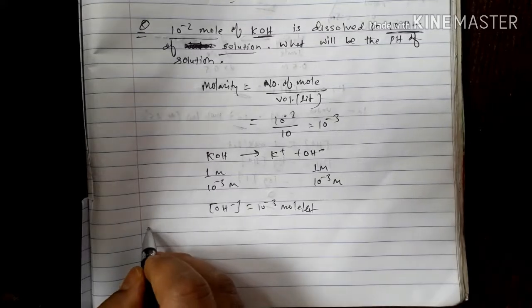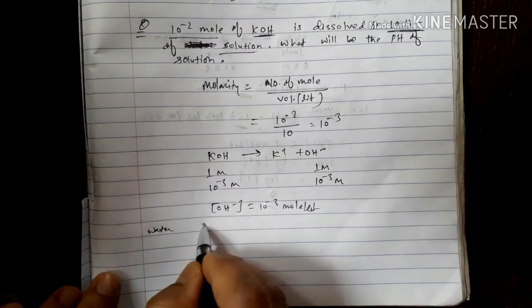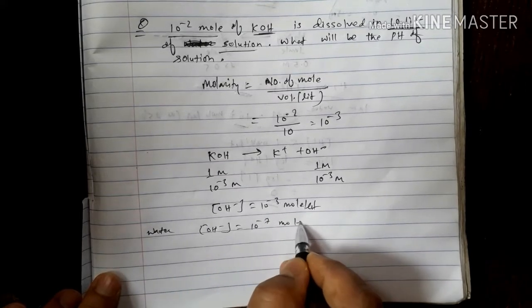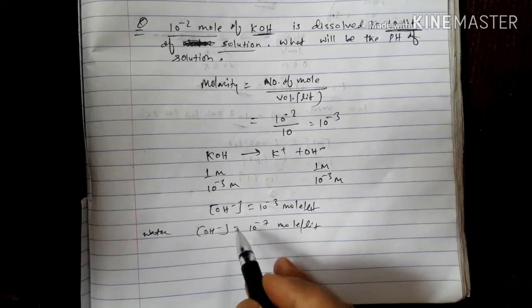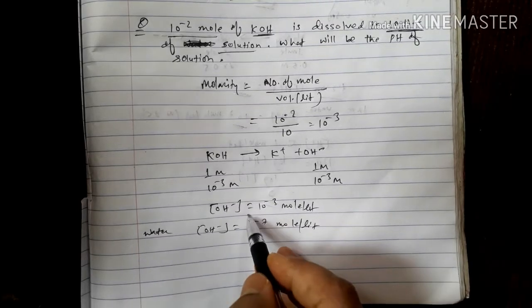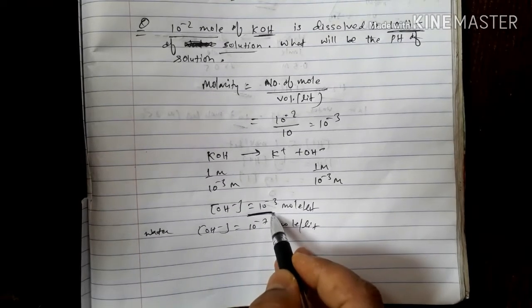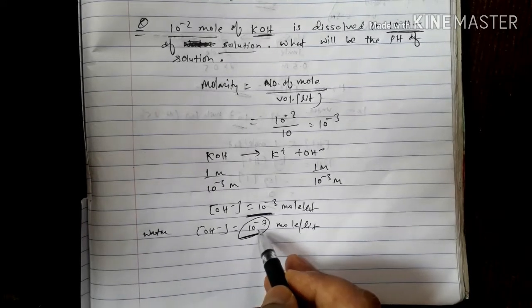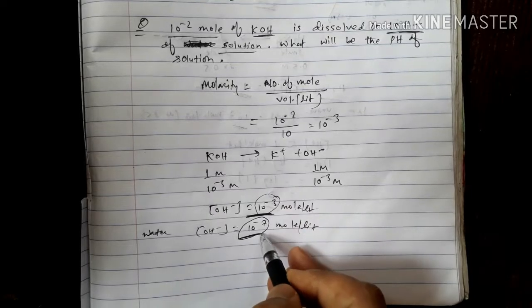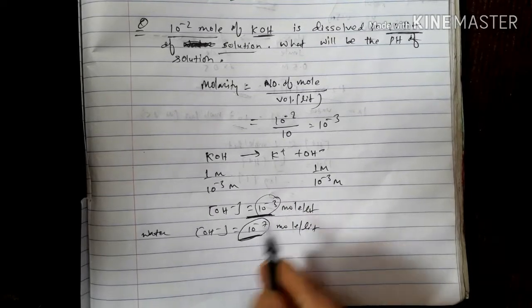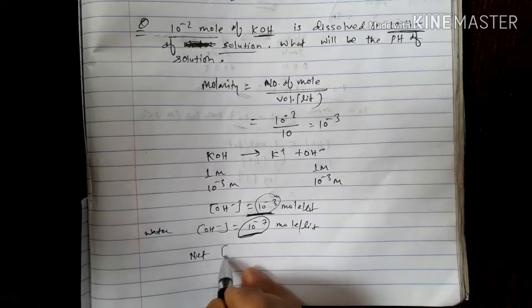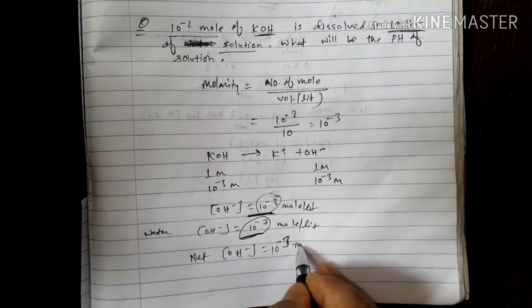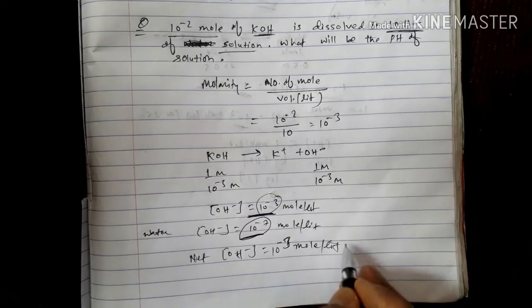Water also gives OH minus ion concentration 10 to minus 7 moles per liter. But in comparison to the concentration of OH minus from KOH, the concentration of OH minus from water is very low. That's why if you add this value with this, there is no significant change. Therefore, net OH minus is 10 to minus 3 moles per liter.